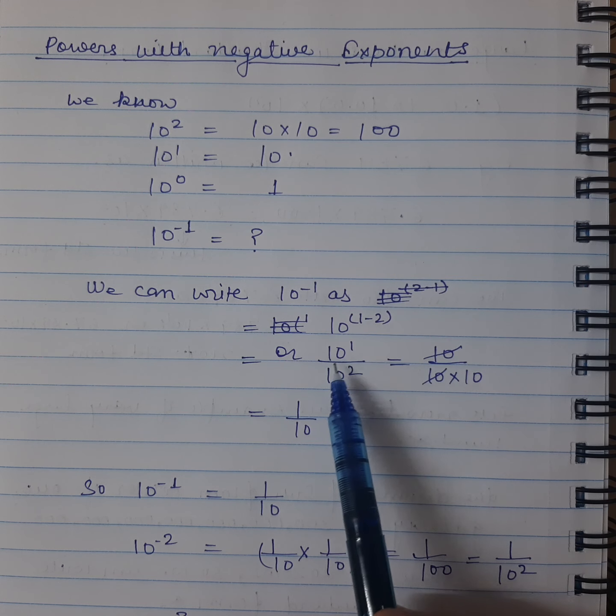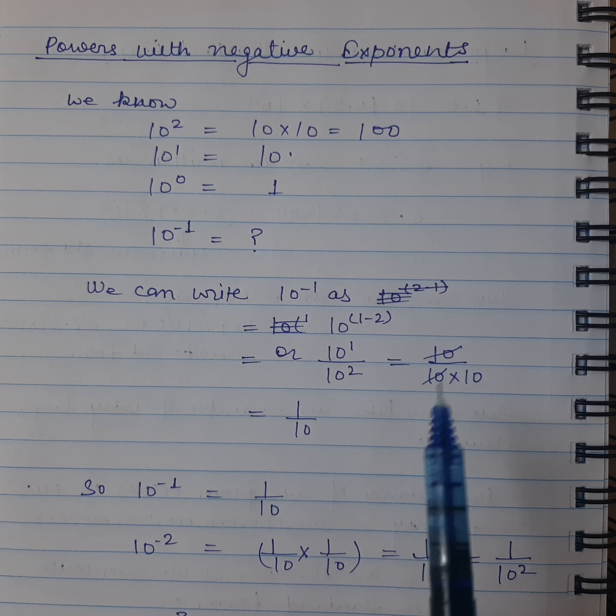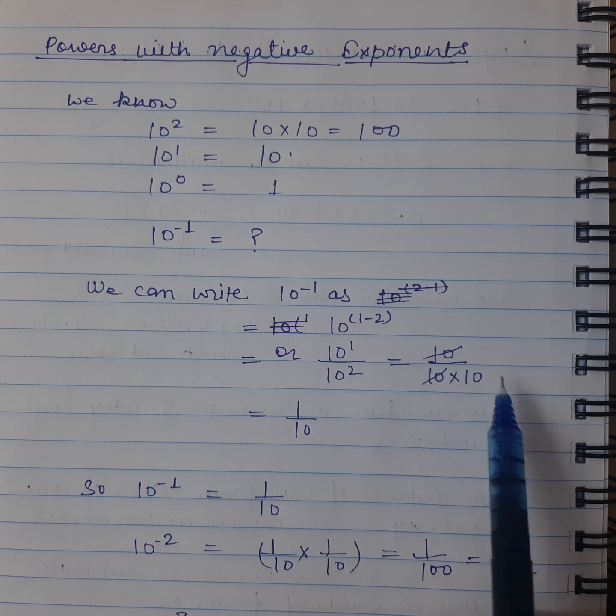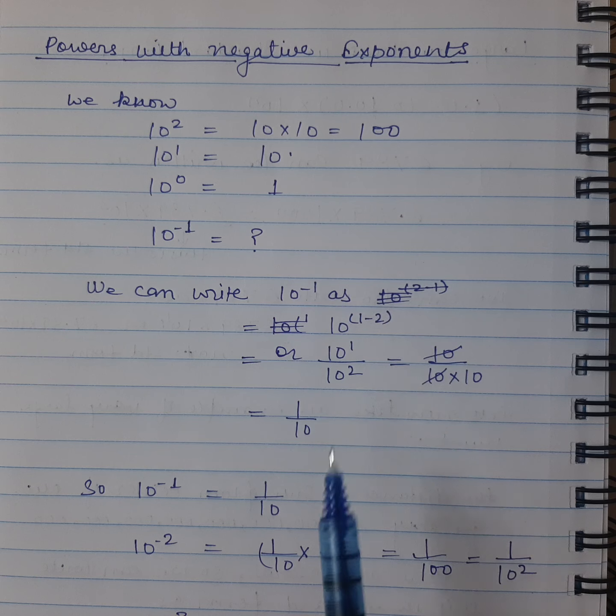So we can write 10 raised to the power 1 divided by 10 raised to the power 2. Then we can cancel one 10, so the remaining is 1 divided by 10. So 10 raised to the power minus 1 is 1 divided by 10.